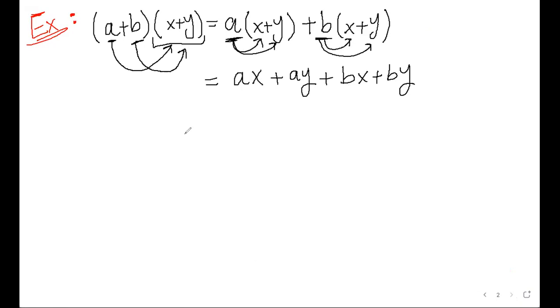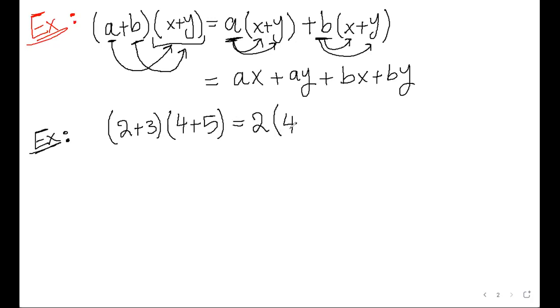Is it clear? I give you an example by numbers if it's not clear. Suppose we have 2 plus 3 times, for example, 4 plus 5. Same thing: 2 times the parentheses 4 plus 5, plus 3 times 4 plus 5.